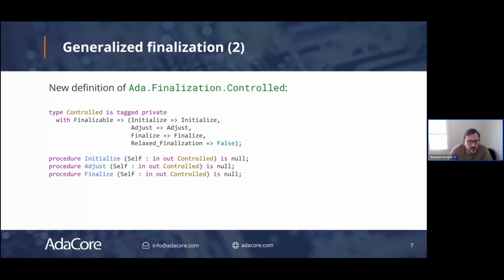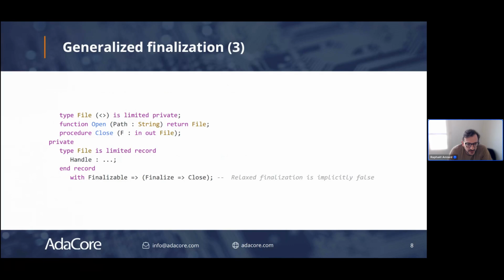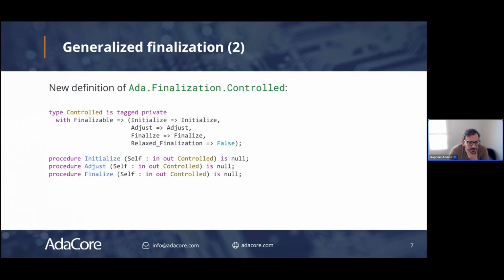So Initialize, Adjust, and Finalize, which are the same as in control types, and Relaxed_Finalization, which will allow you to have relaxed semantics, which I won't delve into, but allow you to have fewer guarantees, but faster finalization. And thanks to that, we redefined the control type in terms of finalizable. So basically, those new semantics completely encompass the semantics of control types.